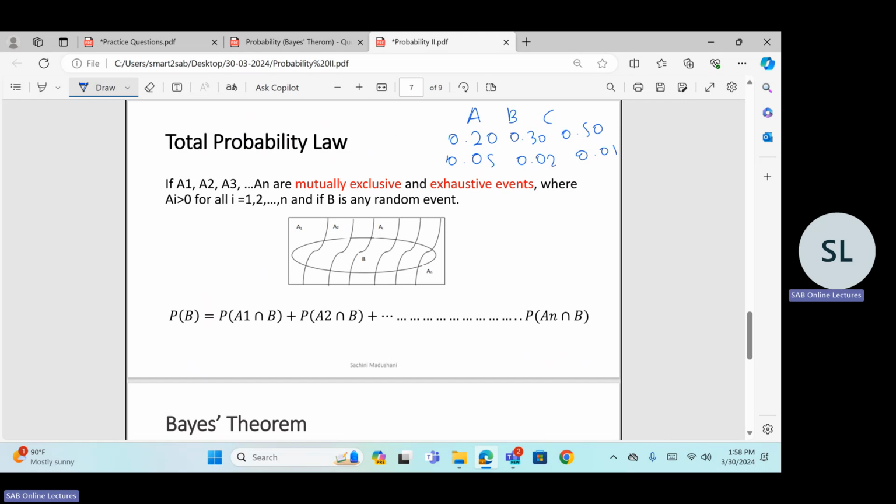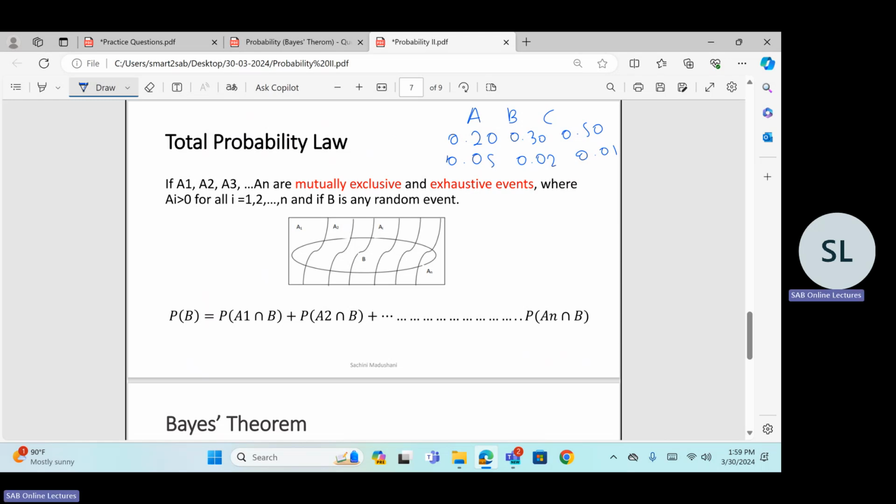Mutually exclusive means there is no intersection. It's true, no? We have three separate machines, A, B, and C, and we use a particular machine for our production. There is no intersection. Then collectively exhaustive means what? The union value is 1. It's true, 0.2 plus 0.3 plus 0.5 is equal to 1.